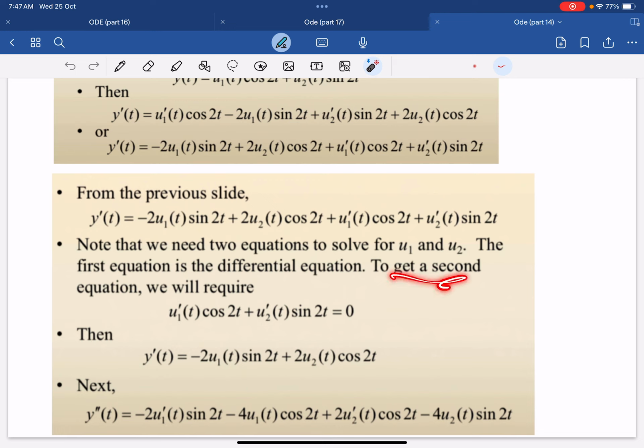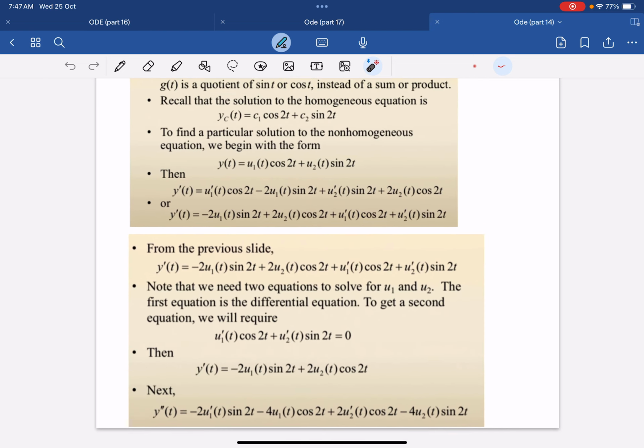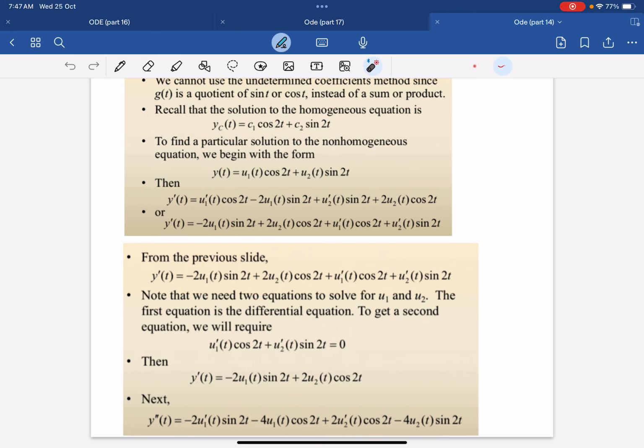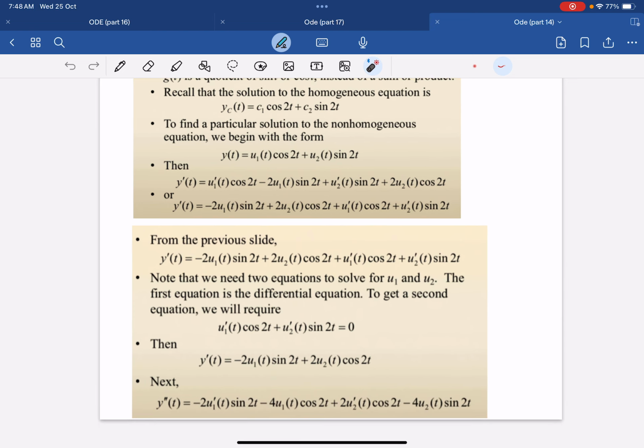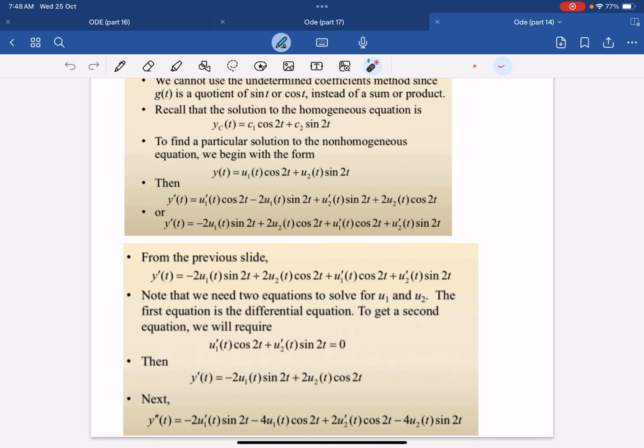So to get a second equation, we will require u1 prime cosine t plus u2 prime sine 2t to equal 0. Okay, so why is that so? Because we just let it equal 0.